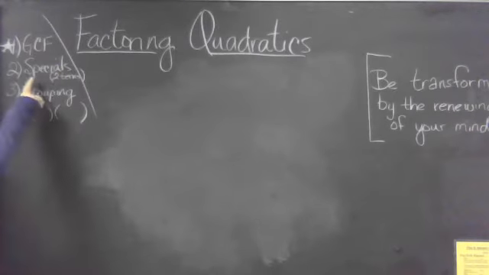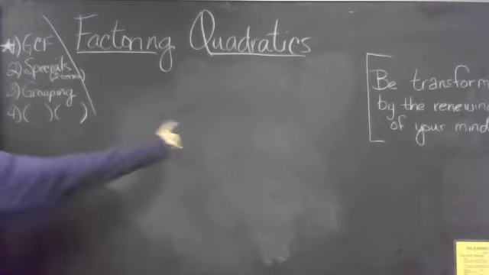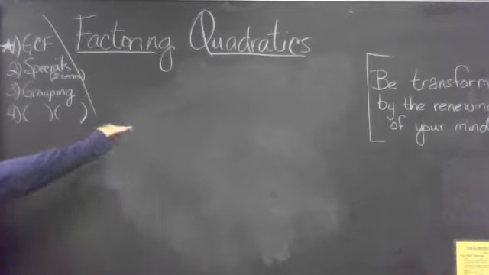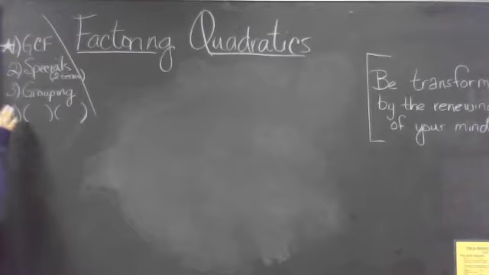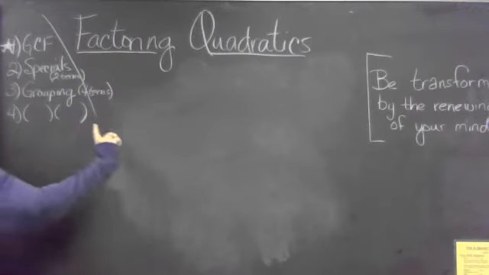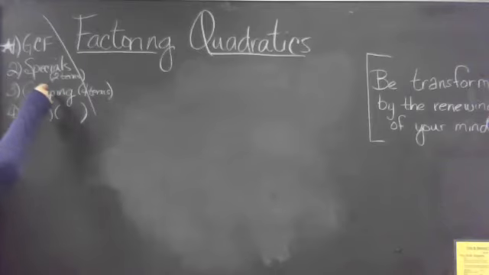So if you have a polynomial with 3 terms, it's not a special. Then the next one you look at is grouping. That's a special type of factoring that we're going to do. But a grouping polynomial has 4 terms. So if you only have 3 terms, it's not a grouping. So you move to the next step.